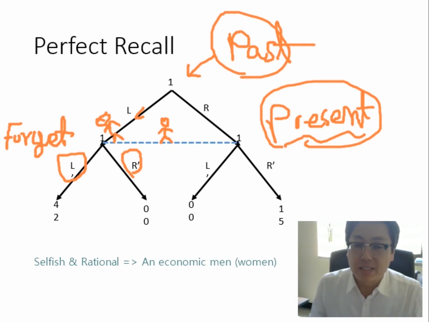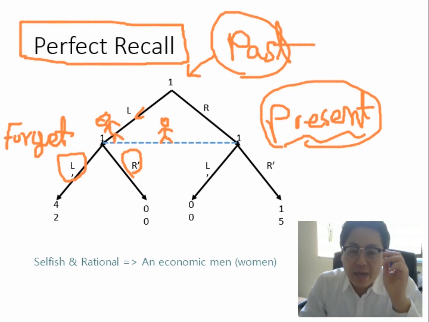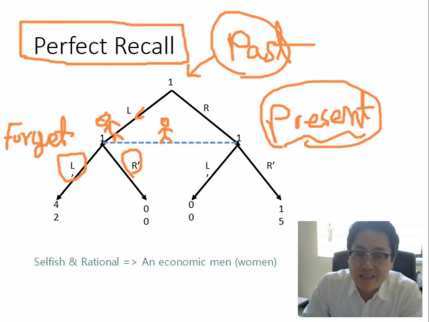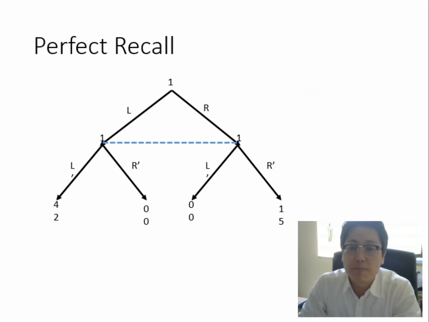So it doesn't make sense. He's not rational, so we don't deal with those kinds of things. Then we add a third assumption, called perfect recall. It means players in game theory should remember what they have chosen so far. So we cannot add those kinds of dotted lines here. That is perfect recall. So we assume that people have perfect recall.